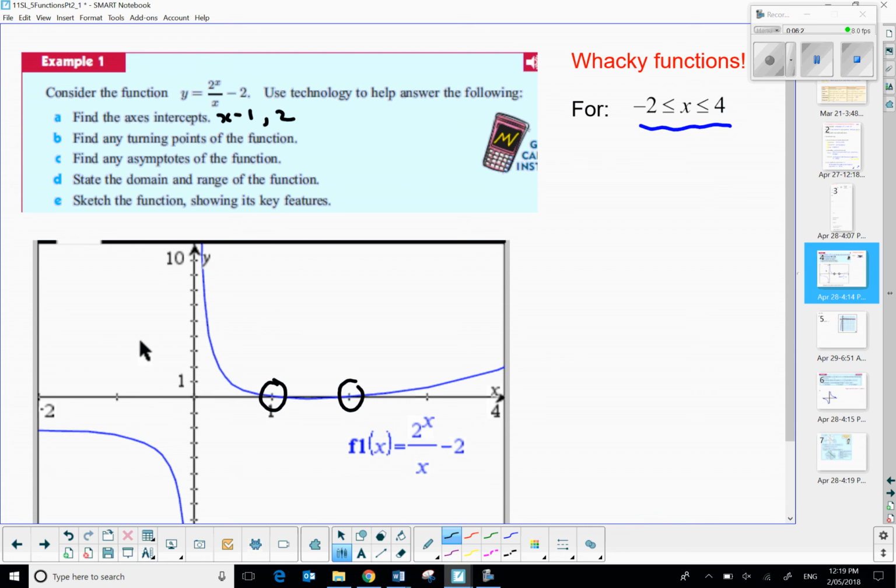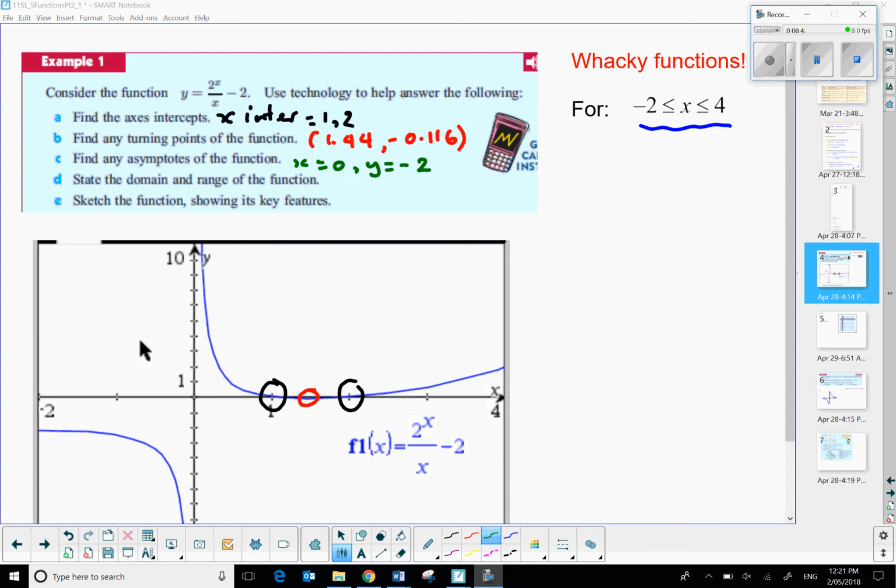To find our turning points, you're going to be looking for a minimum value down here. So you'll need to do that on your calculator, and I'll find that value.